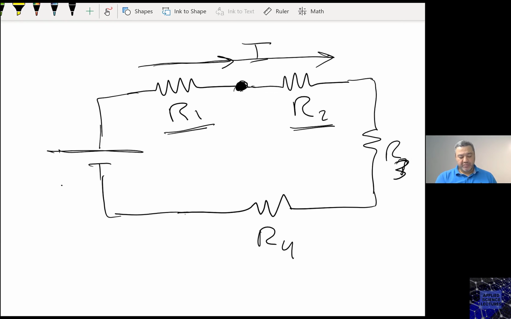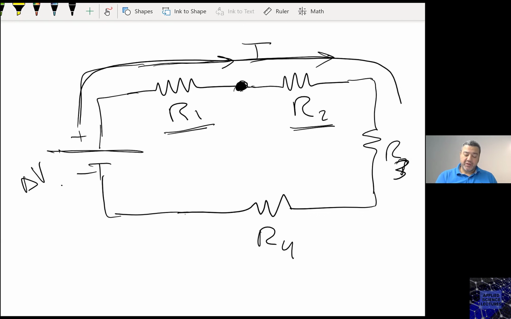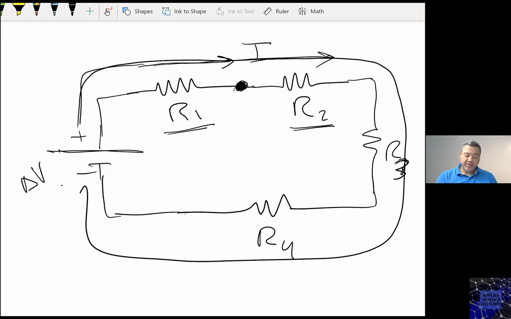So here, this battery is generating the potential difference such that this is positive, this is negative. In this case, we agreed upon this convention that this current, the positive direction, is leaving the positive terminal, and then it will come back and enter the negative terminal. So this is my current.